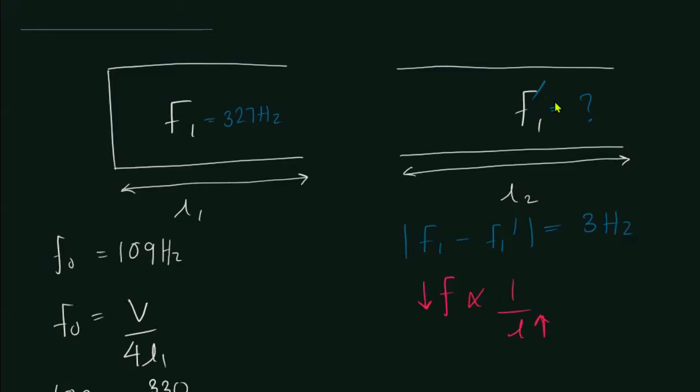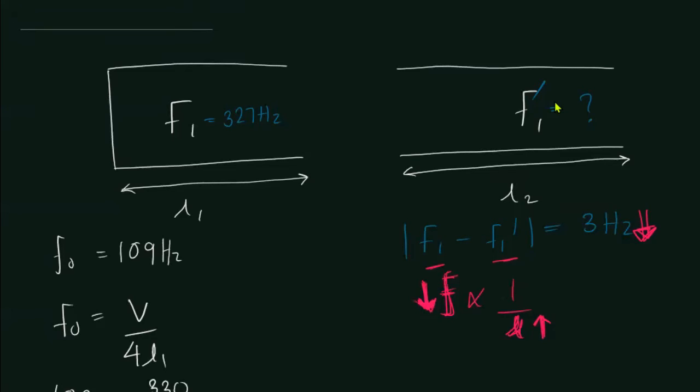When the frequency of the open tube decreases, the beat frequency decreases. This is what they're saying. So we actually know that when the length of the open tube increases, the frequency of that open tube decreases.